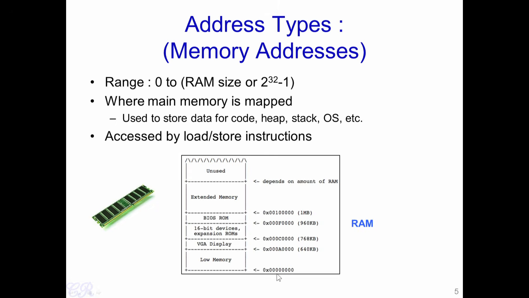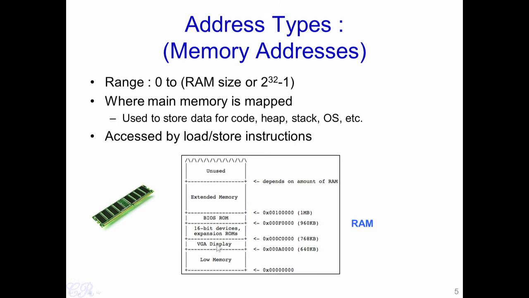The addresses from 0x0 to 640 KB, represented in hexadecimal as A followed by 4 zeros, is known as the low memory. This particular memory was used in legacy computers like the 8086, 80286 and so on. So, the old operating systems like MS-DOS would use this particular low memory. Above this low memory, from 640 KB to 768 KB, all addresses would pertain to the VGA display.